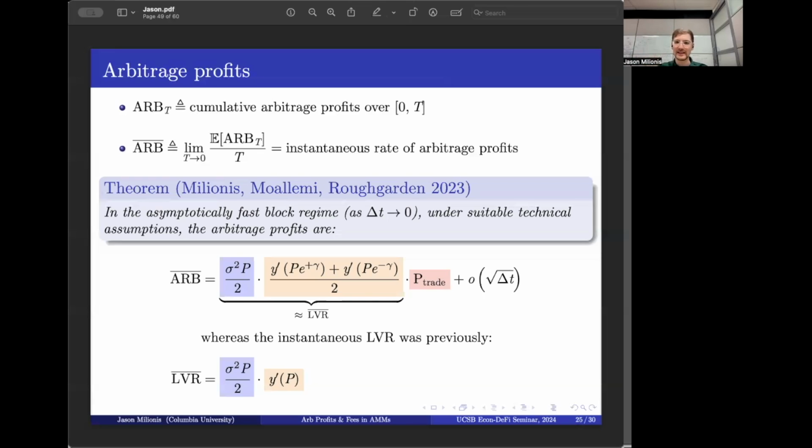What you can see here is that the quantities highlighted in orange are almost the same for a fee that's small. If you have both a small fee and a small block time, then these two quantities look similar to one another, plus some rate of root delta t, which is your approximation factor. So comparing with what you get on the slide, the rate of arbitrage profits that we now expect is the instantaneous lever times the probability of trade.